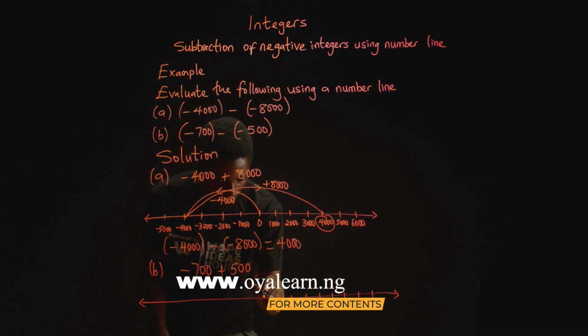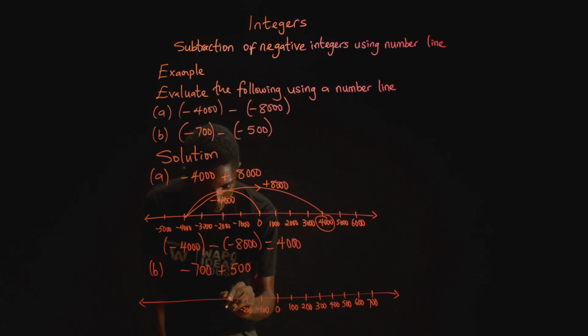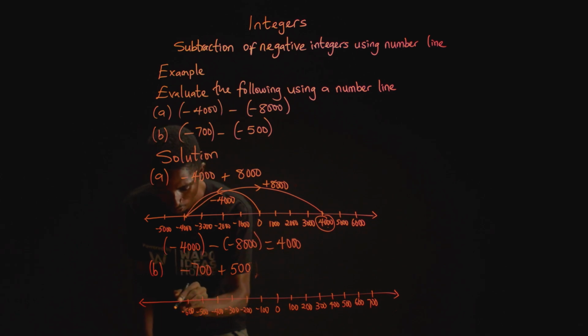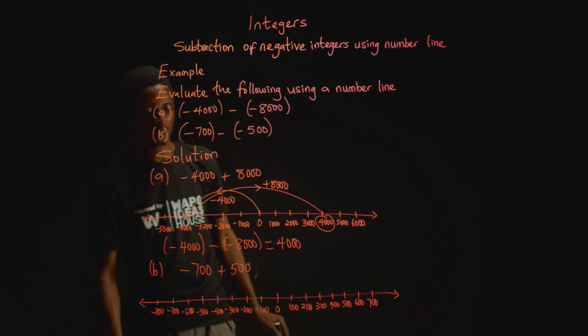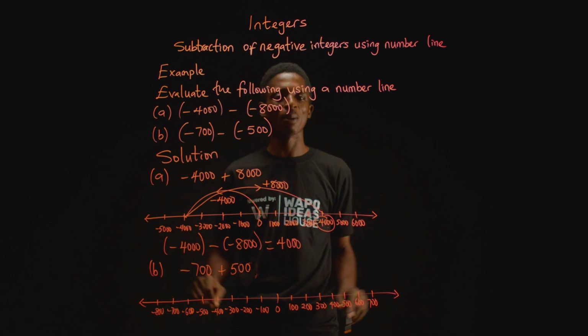Now to the left, minus 100, minus 200, minus 300, minus 400, minus 500, minus 600, minus 700, minus 800.